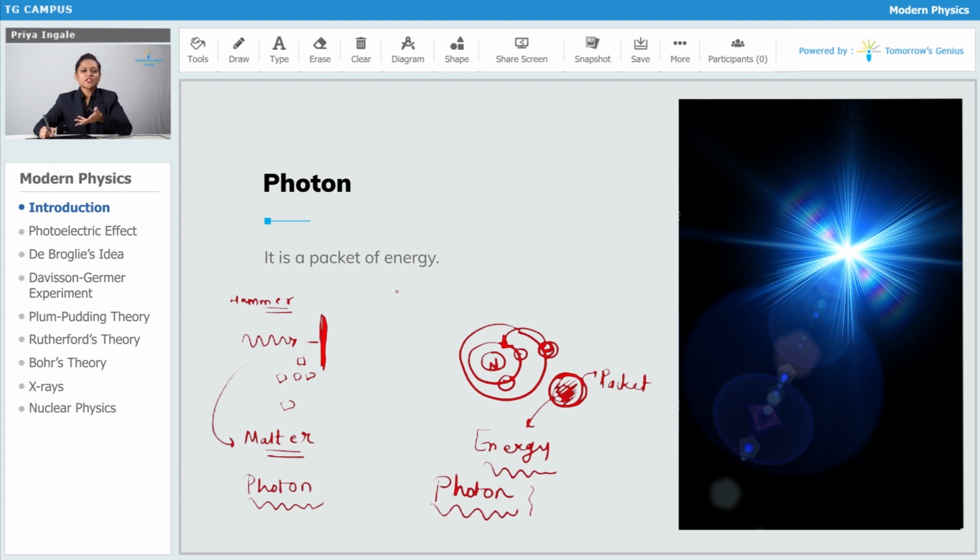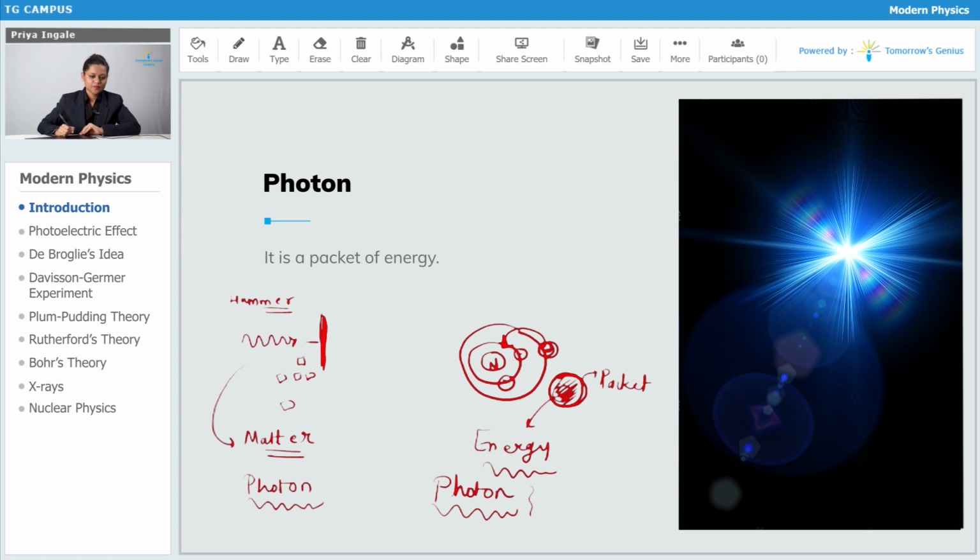Okay, so the radiation which shows the properties of matter, I call that radiation a photon, and I am defining it in two ways. The first way to define the photon is in the interaction of radiation and matter: radiation behaves as if it is matter, so I call it a photon. In the second part, I am defining the photon as a packet of energy.